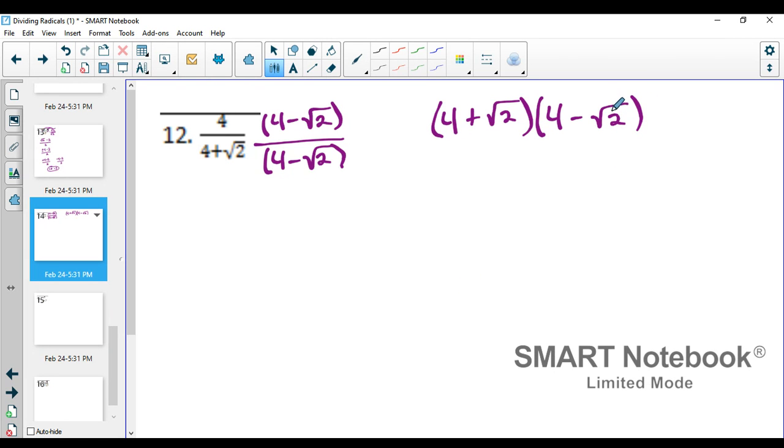And we're going to do the distributive property twice to show you what's going to happen. So we have 4 times 4, which is 16, and then 4 times negative square root of 2, so minus 4 square root of 2. And then positive square root of 2 times 4, so we have plus 4 square root of 2.